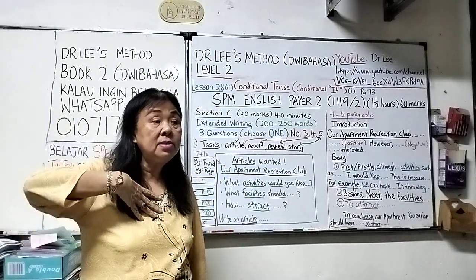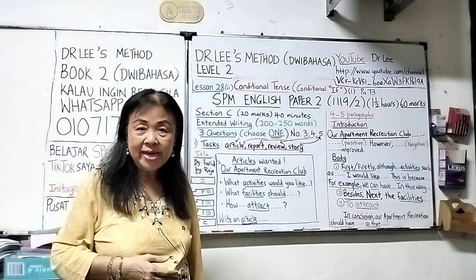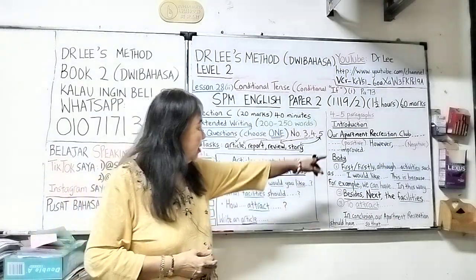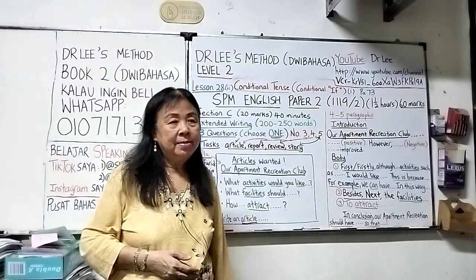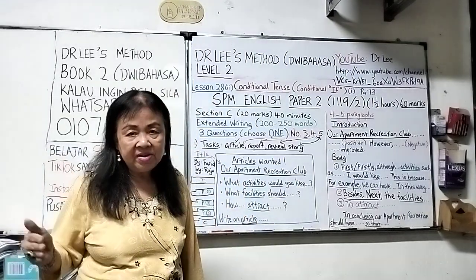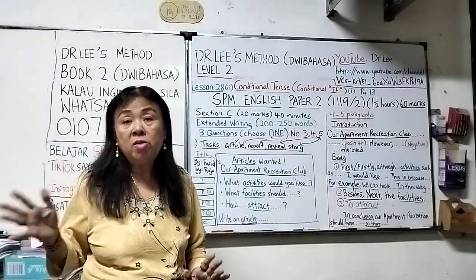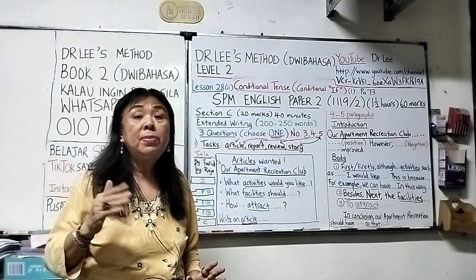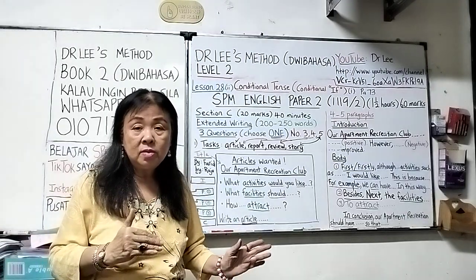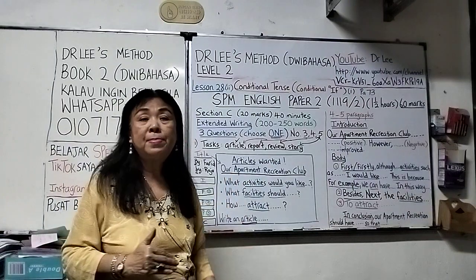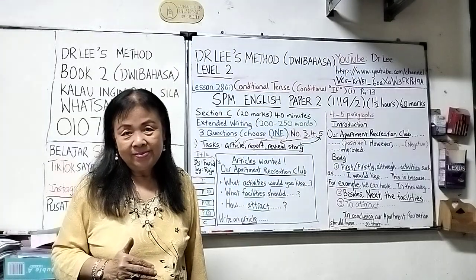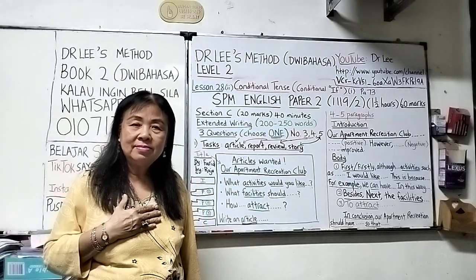When I say however, it means to say but. Why? Negative. But there are many other activities that should be organized, and there should be more facilities added to our apartment club. Now, why do I write like this?